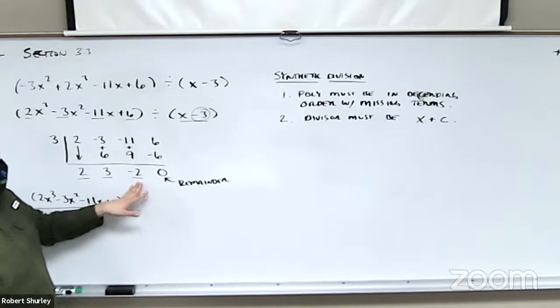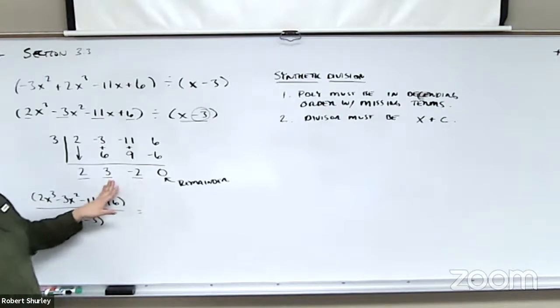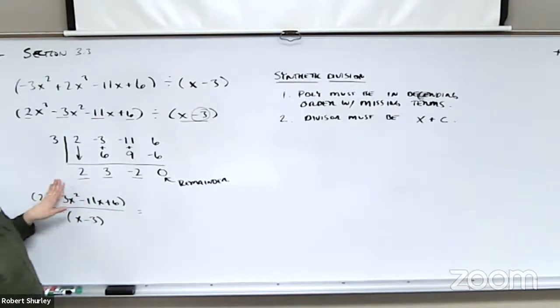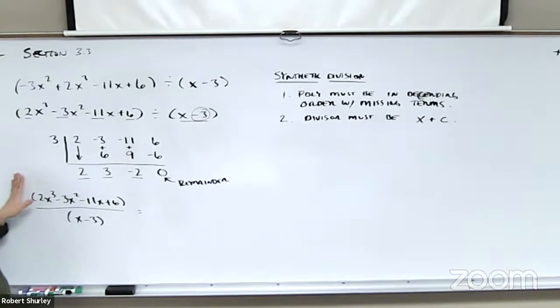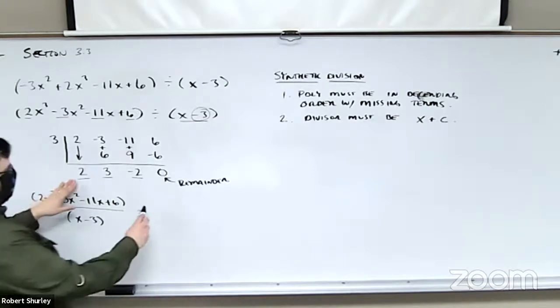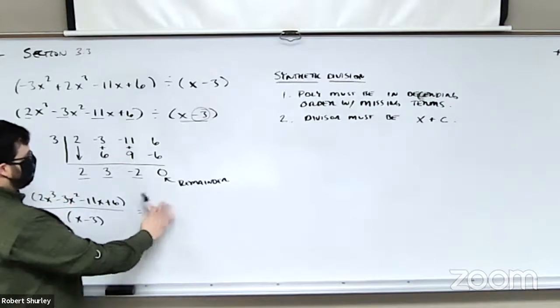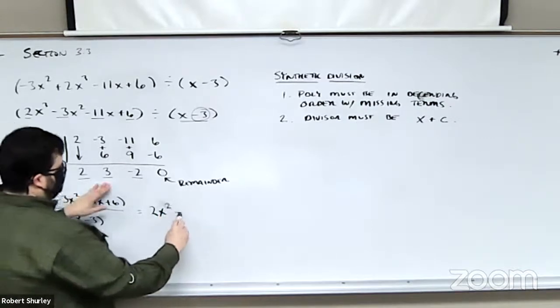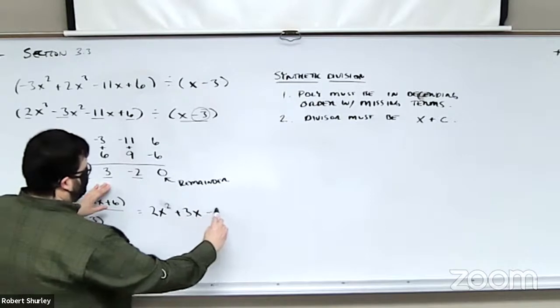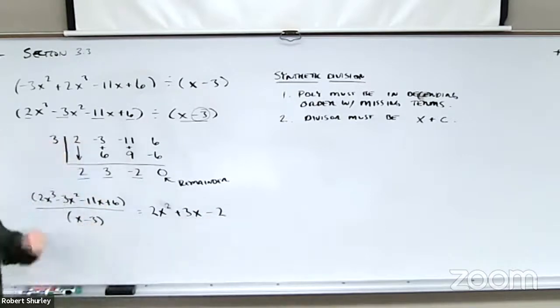So it's going to be remainder, constant. This is going to be the coefficient of x. This is going to be the coefficient of x squared. And if it kept going, we'd have the coefficient of x cubed. The coefficient of x is a 4. So it looks like this. 2x cubed. Oh, no, gosh, I lied. 2x squared plus 3x minus 2.